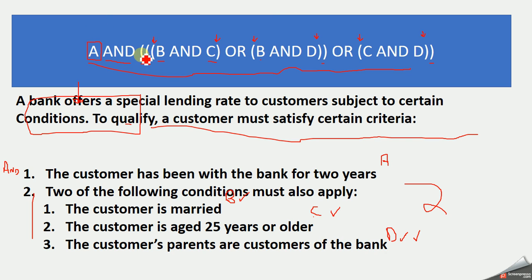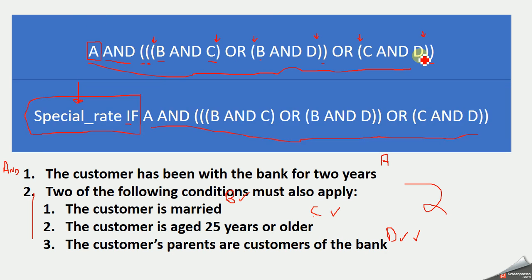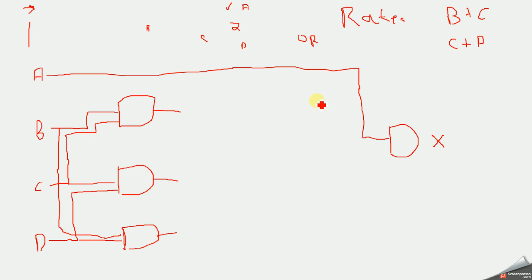We had B and C, or B and D, or C and D. So, we need OR gates. So watch. And let's just draw this in really badly. There you go. That's our first.